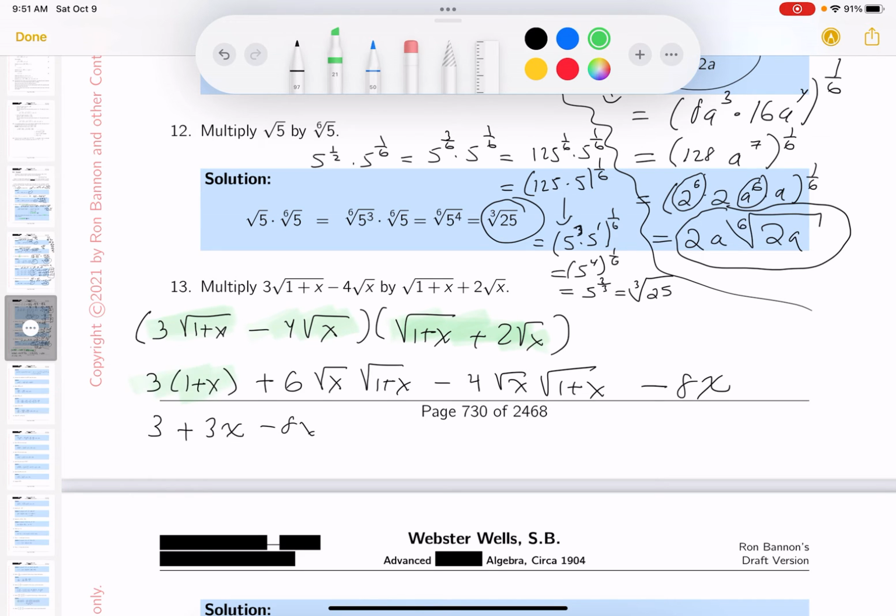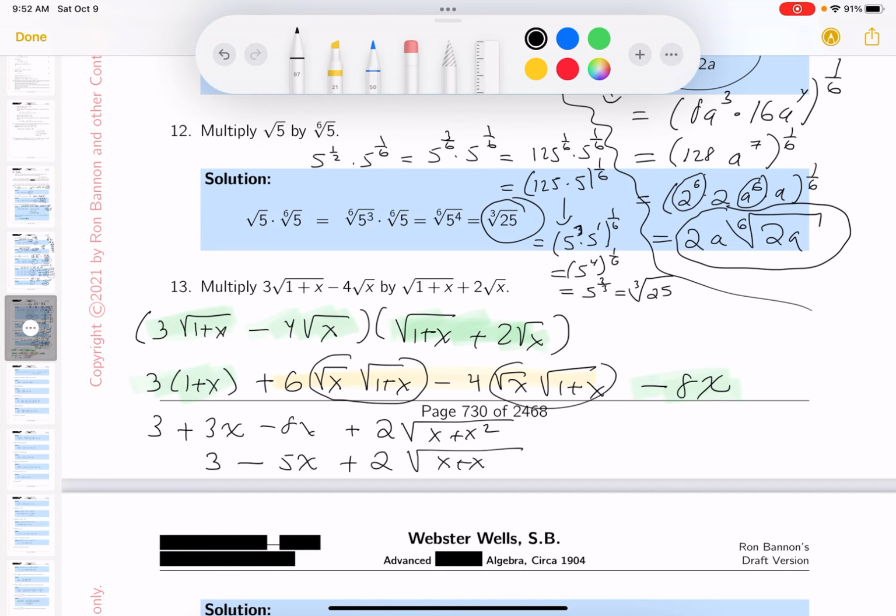I just did this, and I did this. Now I want to take these two internal terms, which are like terms, and bring them together. They're both the same, so I'm going to simplify this. Well, it's going to be x plus x squared. What do you get here? 3 minus 5x plus 2 x plus x squared.